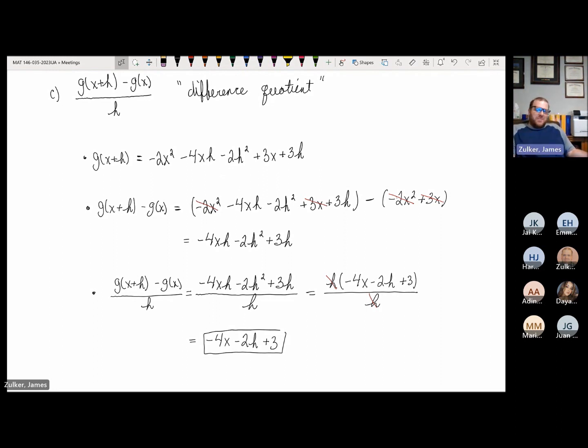The h may sometimes be a delta x. So you may see it written this way. And again, it doesn't have to necessarily be x. It's whatever the independent variable is.